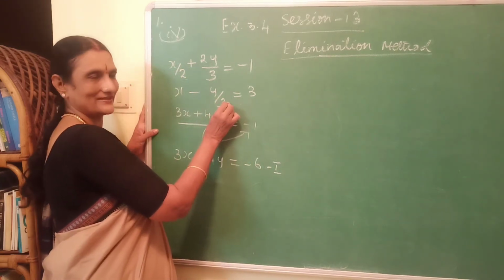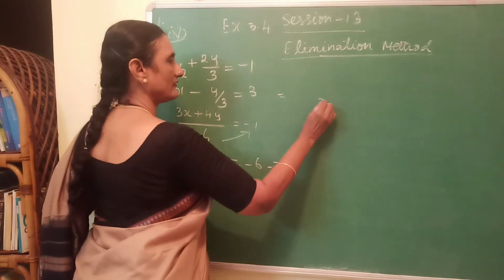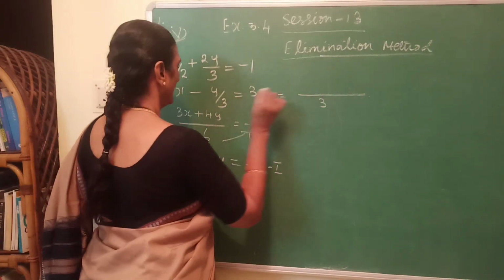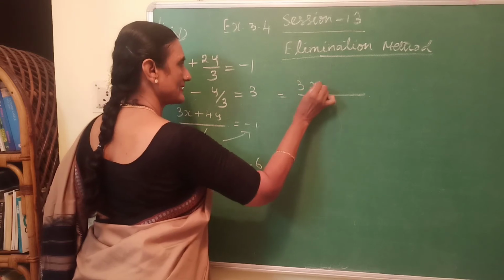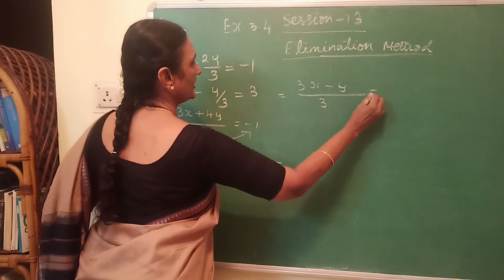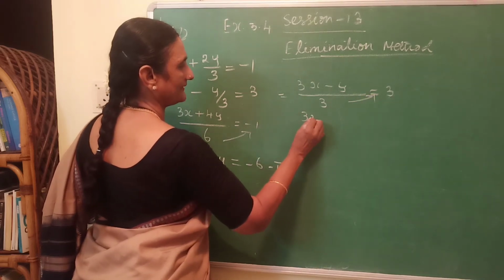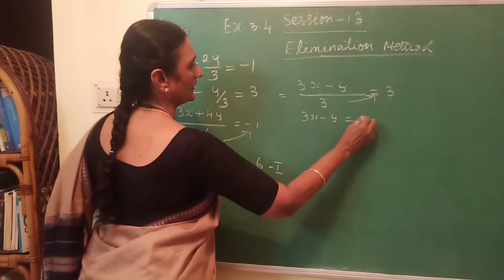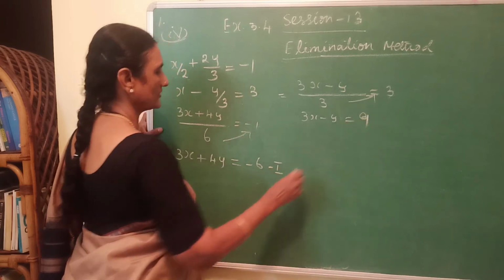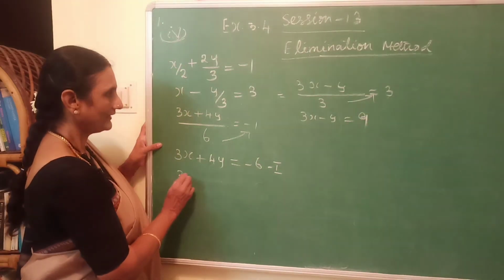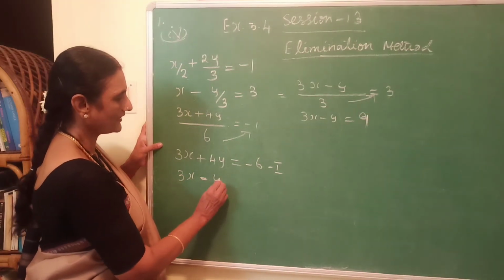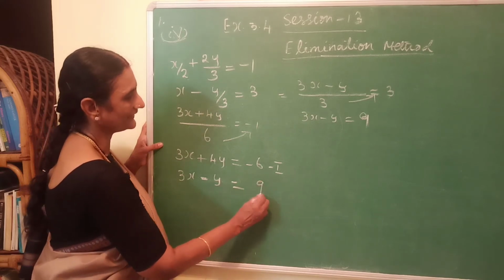So I will get 3x minus y is equal to 3. By cross multiplication, I will get 3x minus y is equal to 9. So I will write down here 3x minus y is equal to 9.